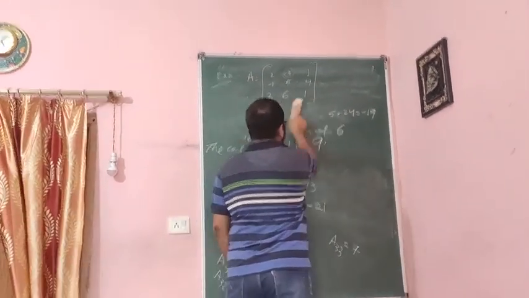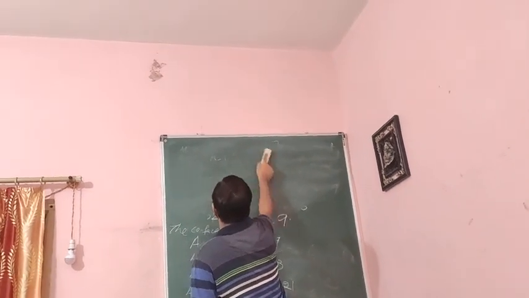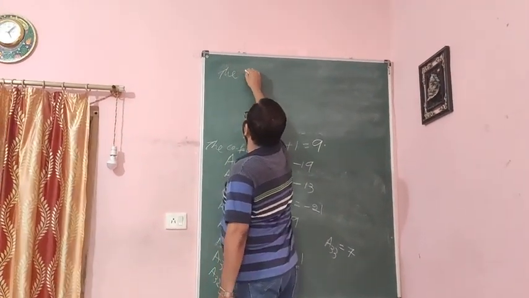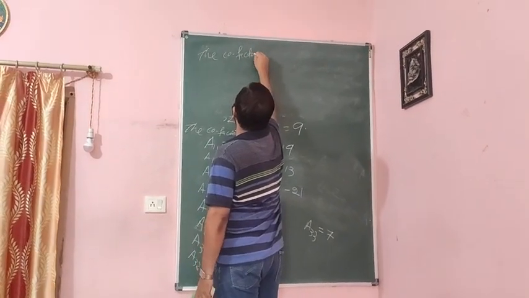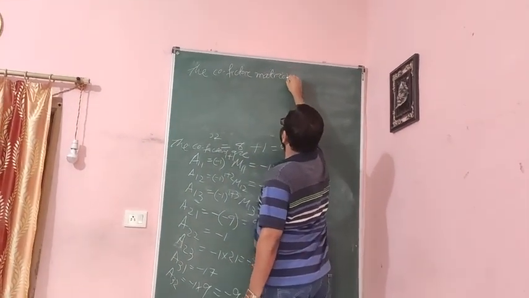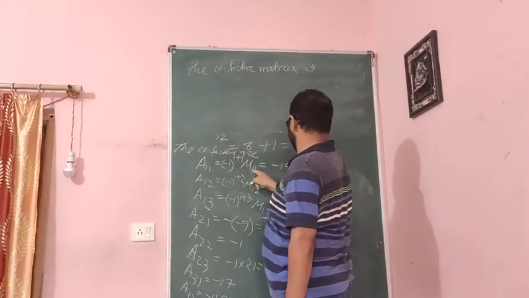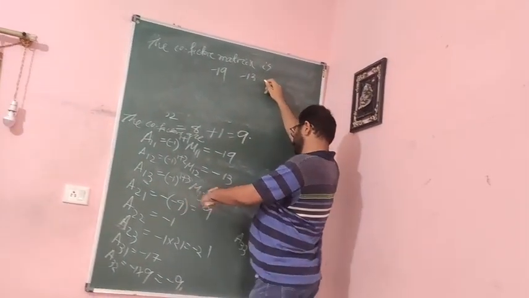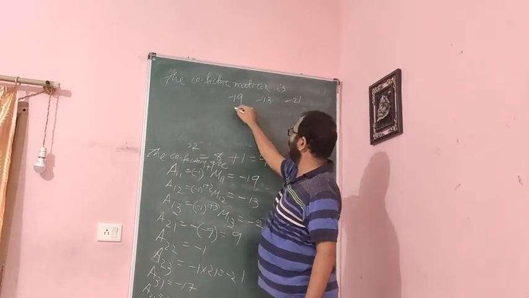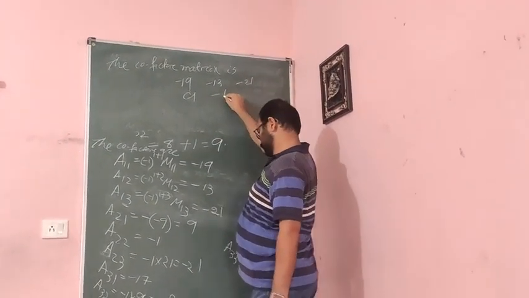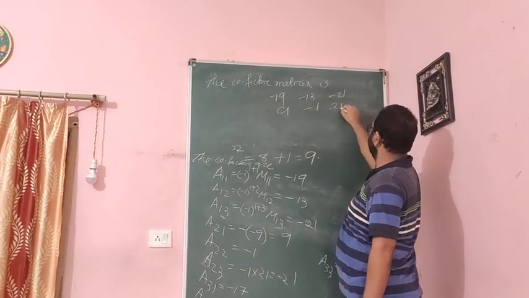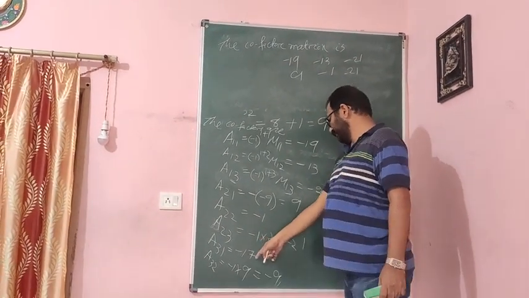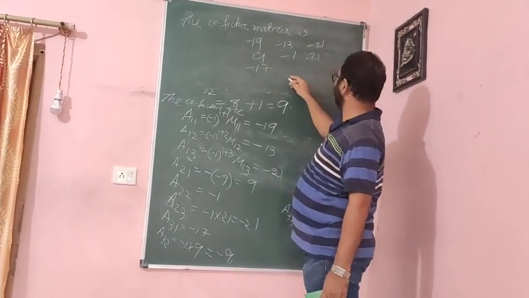The cofactor matrix is: here minus 19, here A12, on the right-hand side, minus 13, here A13 is minus 21, here 9, here minus 1, here minus 21, here also minus 21, then here minus 17, and here minus 9.